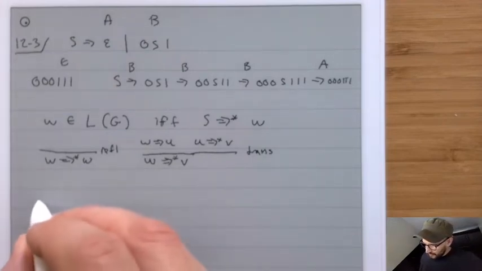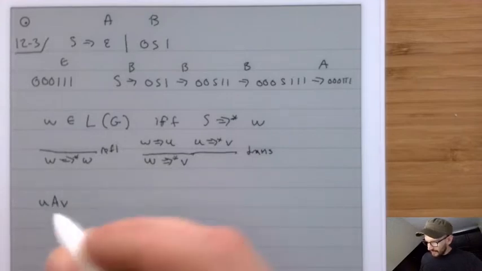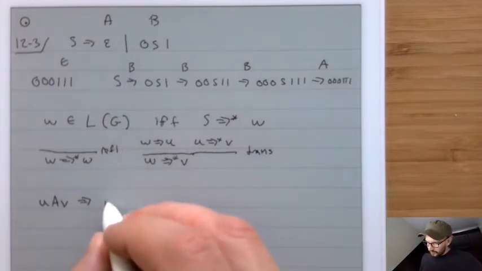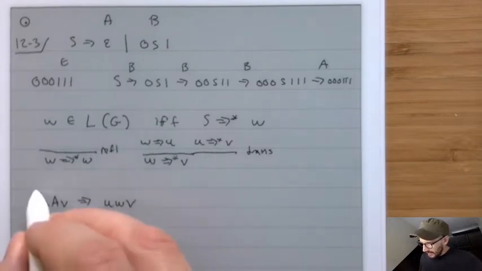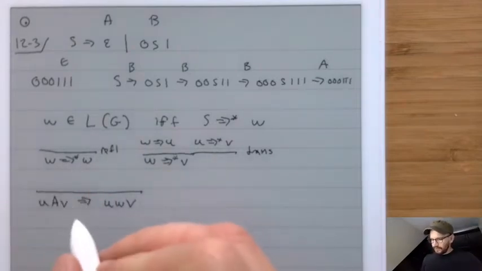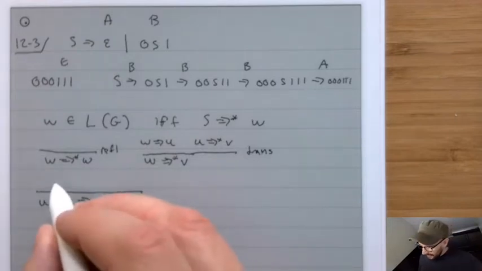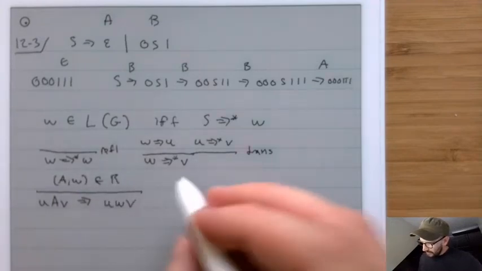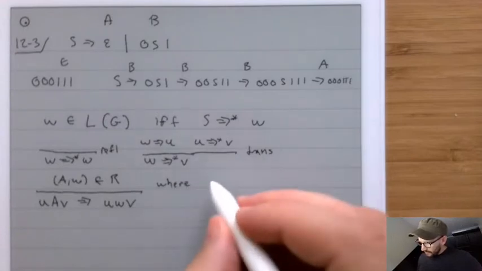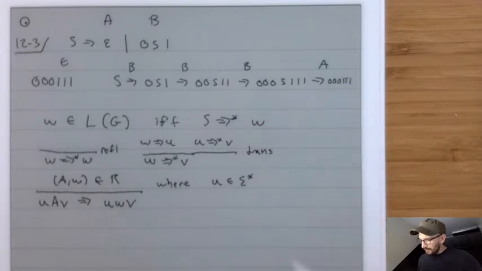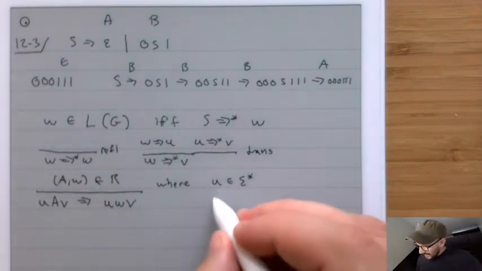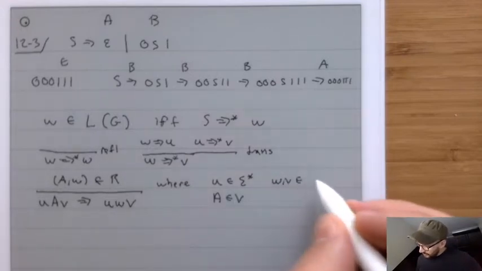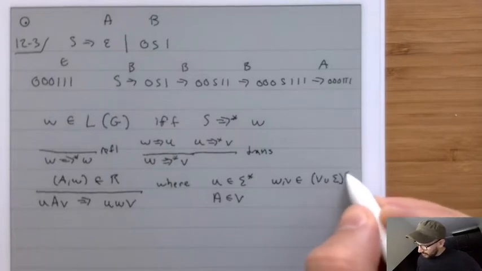We'll say that U, A, V derives in one step U, W, V if A, comma W is inside of R where U is a string made up of only terminals, A is a variable, W and V are both strings made up of variables and terminals.